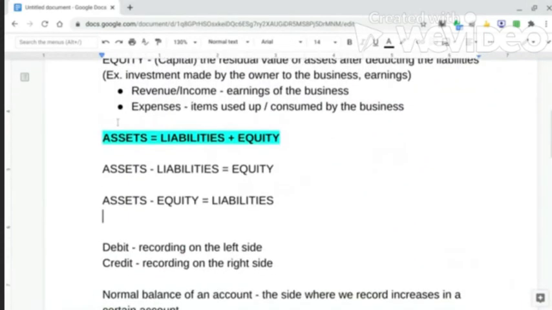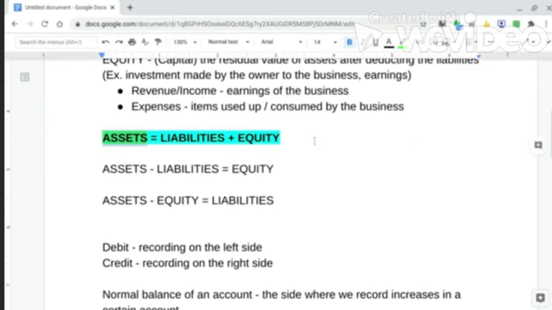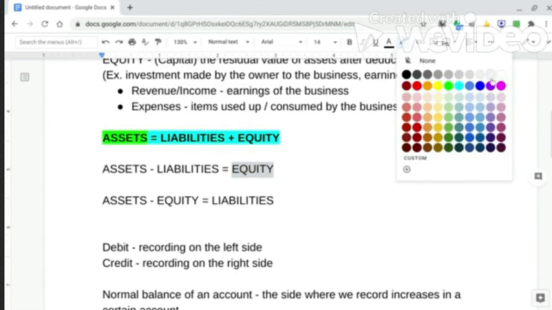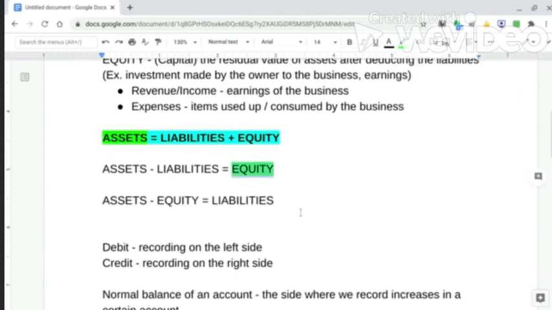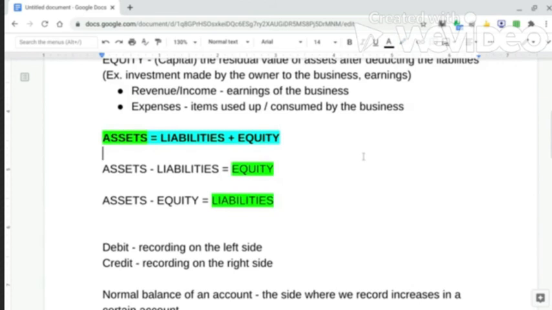Kung equity naman ang nawawala, you can compute it by using assets minus liabilities. Or kung liabilities naman yung missing value, you can compute it by computing assets minus equity. So that's it. That would be all for our third video. Thank you so much.